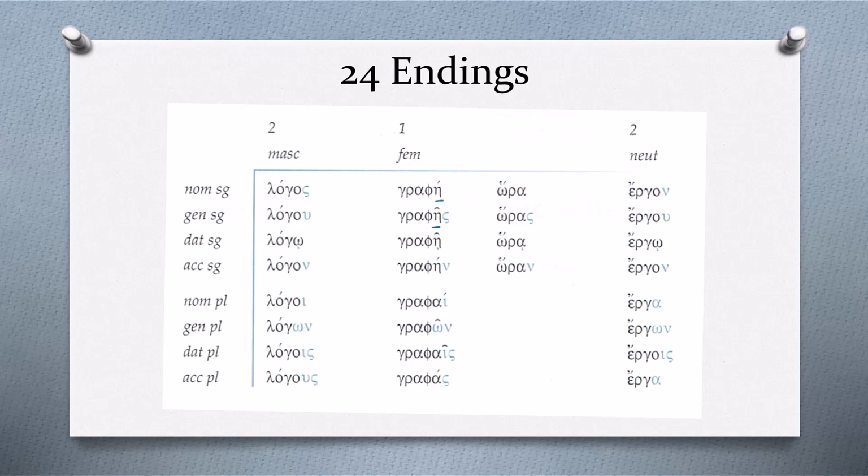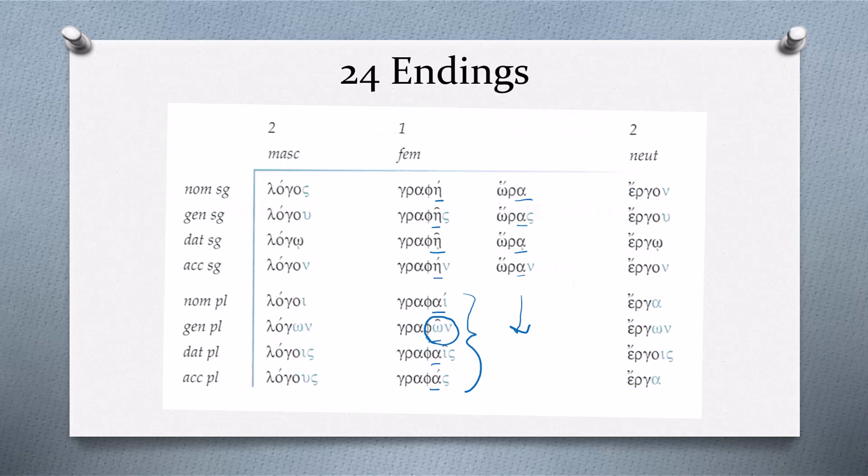In the singular, see the eta there? But that will shift to alpha in the plural. Something that's happening right here in the genitive plural is that the stem vowel generally gets swallowed up by the long omega. And then hora would be a noun that has alpha in the singular, and of course it would keep alpha in the plural, and it would share the endings that we see right here with graphe.